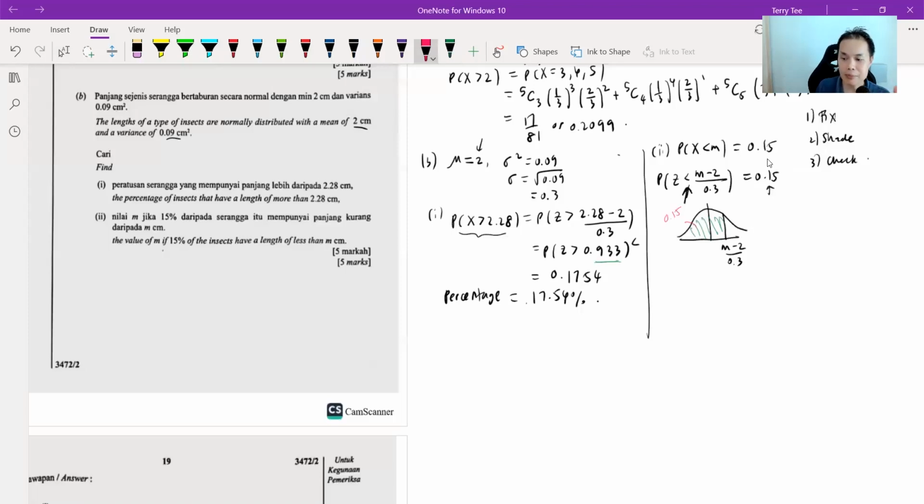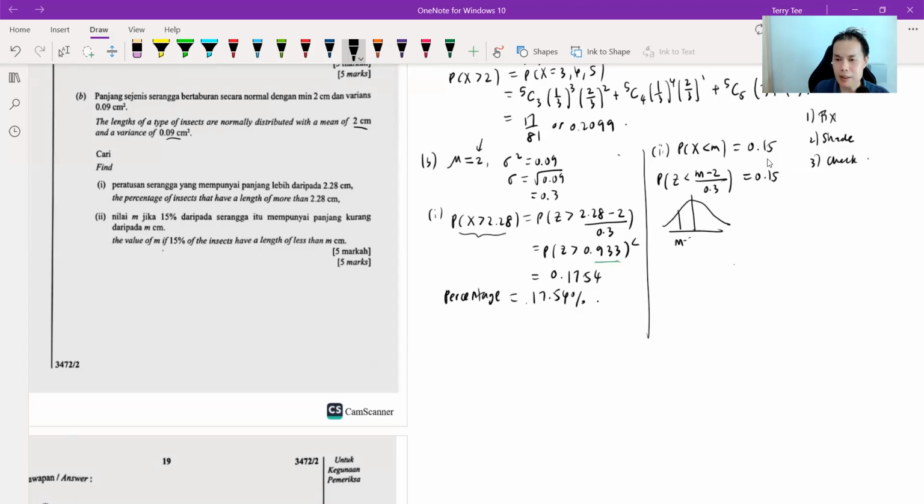The answer is no. The z value cannot be on the right. It must be on the left. If it's on the right, then the area is more than 0.15, but 0.15 is less than half. So I know I have to fix this on the left instead.